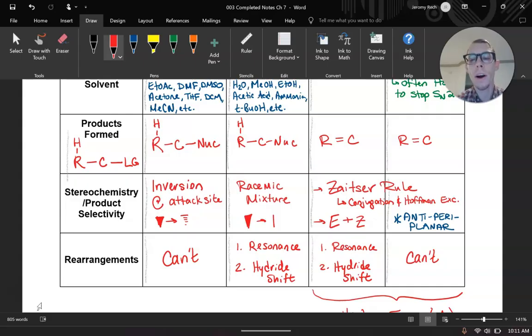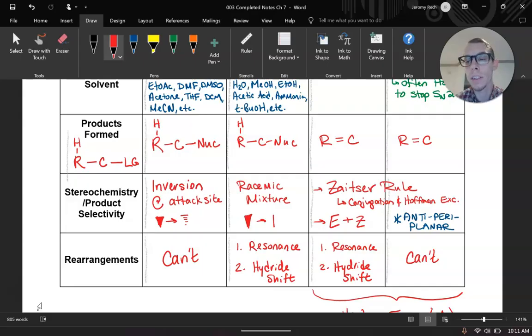When we think about our elimination products, they're generally going to follow what we know as Zaitsev's rule. So we're going to be trying to make our most substituted double bond. There are a few exceptions. If you can make a material that's conjugated, which has alternating single and double bonds, or is fully sp2 hybridized, with a longer amount of resonance, that's going to be favored over Zaitsev's rule, as well as Hofmann elimination.